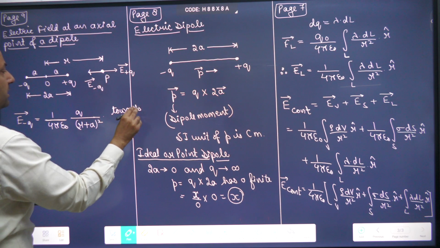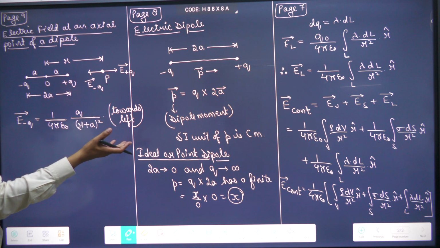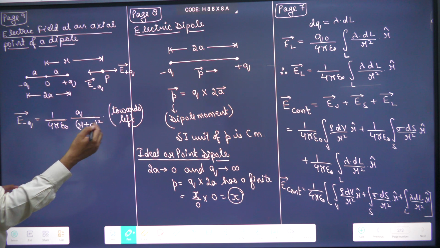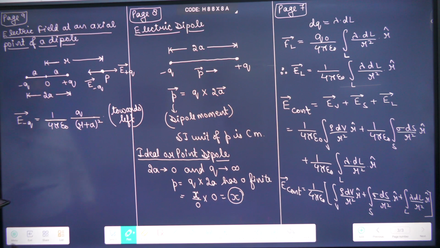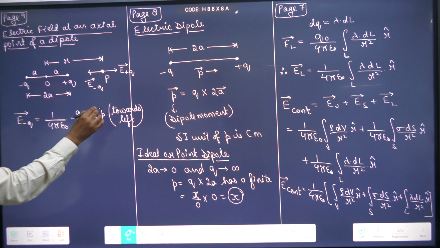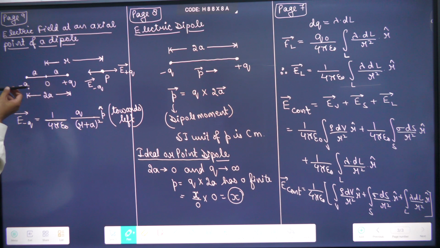If I have written towards left, then it is not required to write any unit vector like r cap or anything. And p cap means the direction of the dipole moment.